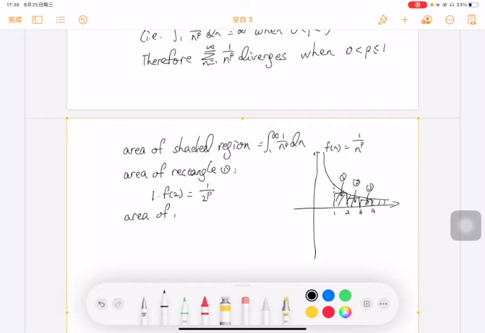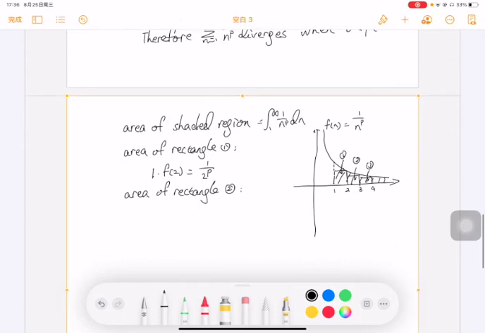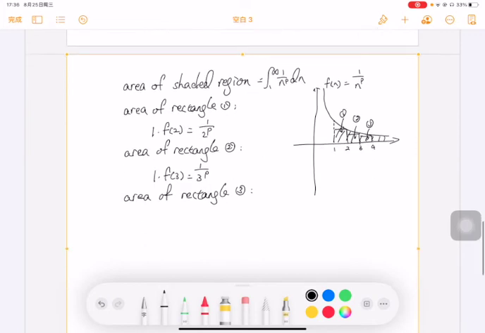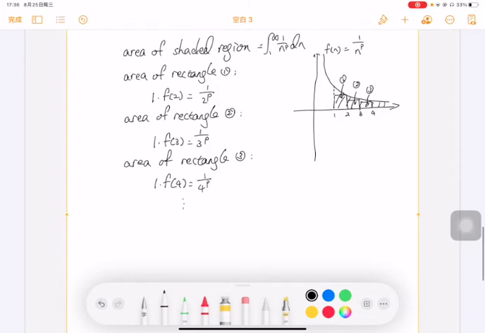And area of rectangle 2 is 1 times f of 3, which is 1 over 3 to the p. And area of rectangle 3 is 1 times f of 4, which is 1 over 4 to the p, so on and so forth.